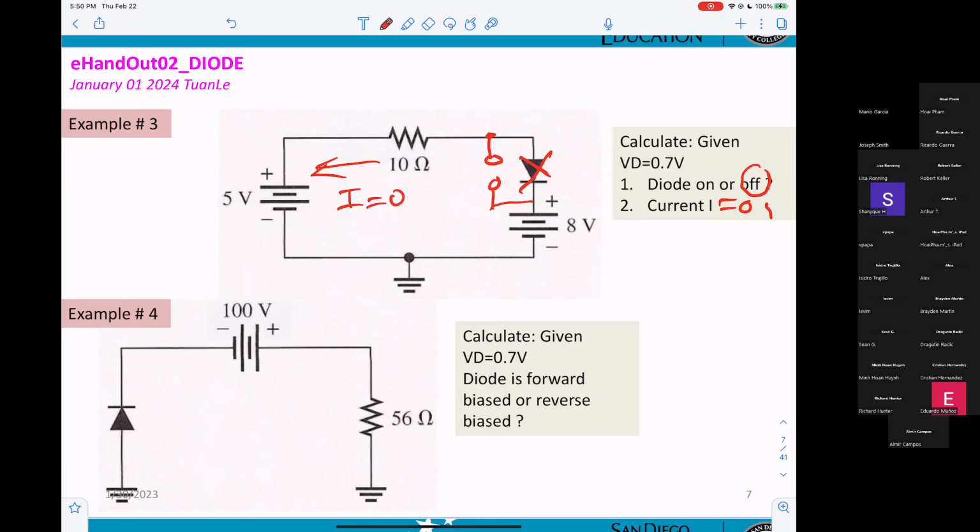But this is easy to recognize. This side will be less than the other side, so the diode is off. When it's off, it will look open. And when the circuit is open, no matter what, the current has to be 0 amp.